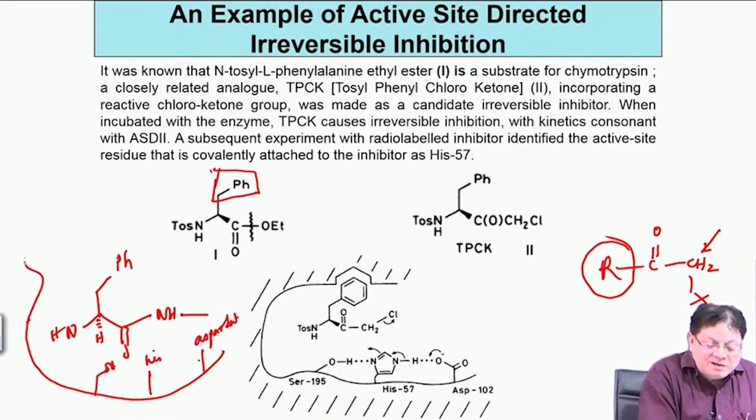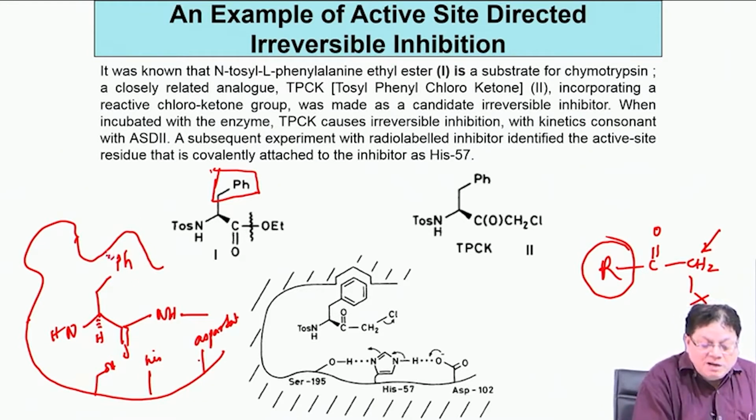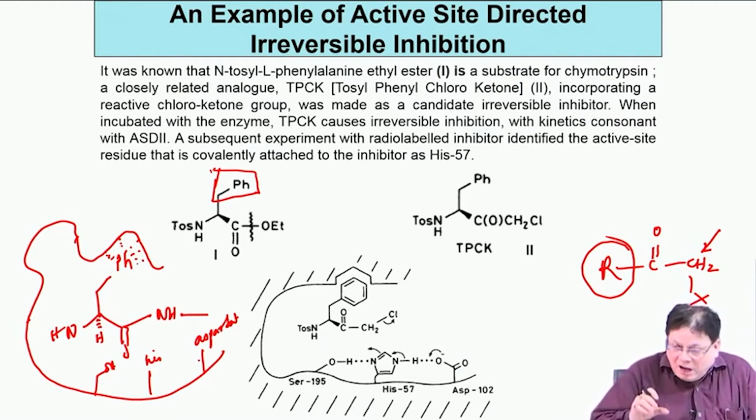But apart from that, it must have some pocket which is a hydrophobic pocket, where phenyl or aromatic groups can be stabilized by stacking interactions, or what are called hydrophobic interactions.